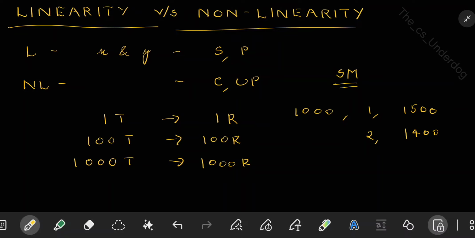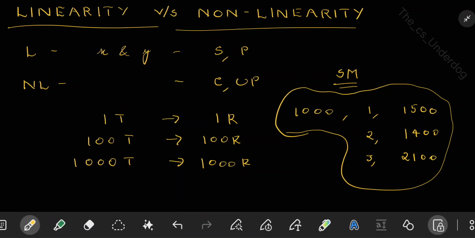And maybe at the end of the third year, it again shot up and reached 2100. So this relationship is not linear. This is unpredictable. Looking at these values, it is difficult for you to say what the next one is. So this is complex plus unpredictable, which means this is a non-linear relationship.